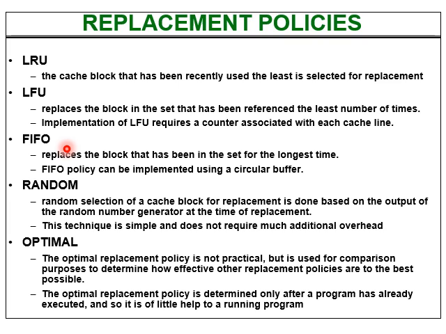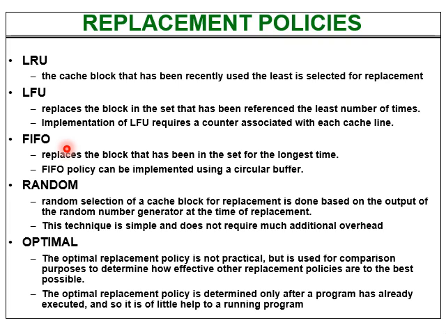Optimal is actually not a policy, but it is used for comparing things. Optimal policy basically means that when I'm executing a particular application, we try to use the above four replacement policies and then we compare the results.